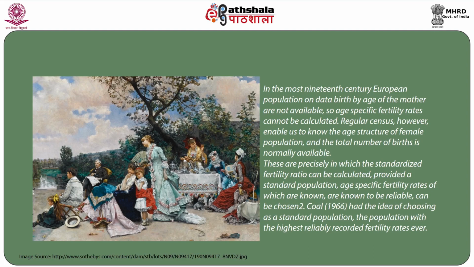These are precisely the circumstances in which standardized fertility ratios can be calculated, provided a standard population, whose age-specific fertility rates are known and reliable, can be chosen. Coale 1966 had the idea of choosing as the standard population the population with the highest reliably recorded fertility rates ever.